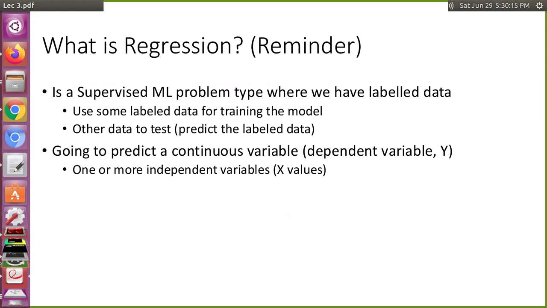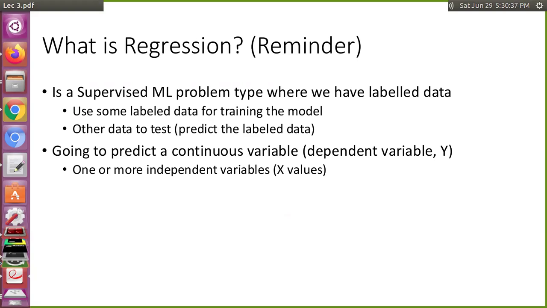So let's start by understanding what regression is. We have known a little about what regression is. What is a supervised machine learning problem compared to unsupervised machine learning? In supervised machine learning, we have labeled data.